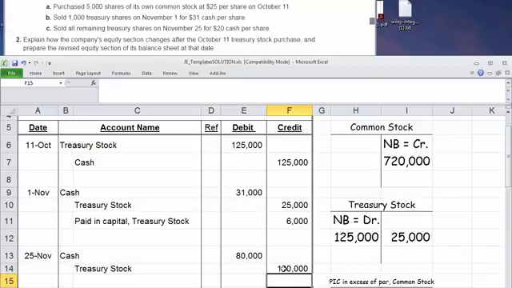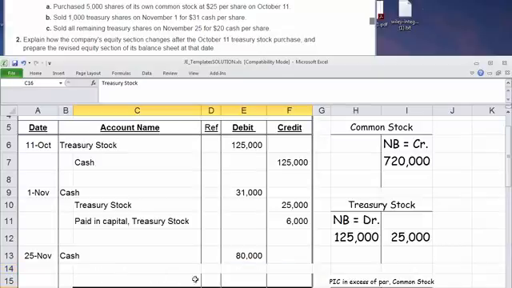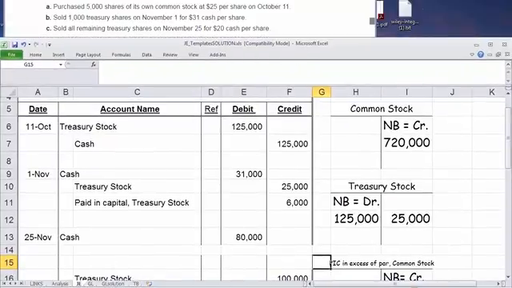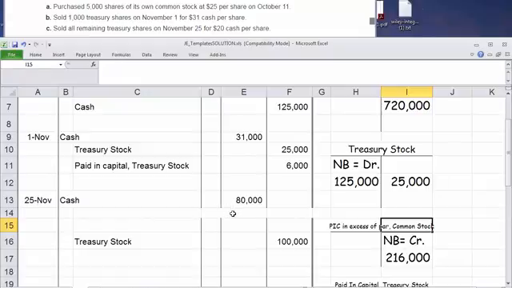Now you'll see that we're not in balance. So we're actually going to have to figure out which accounts we are going to debit for that difference. Here we would first see if there's any balance in the paid in capital from treasury stock, which there is. So we can use the full 6,000 from here.